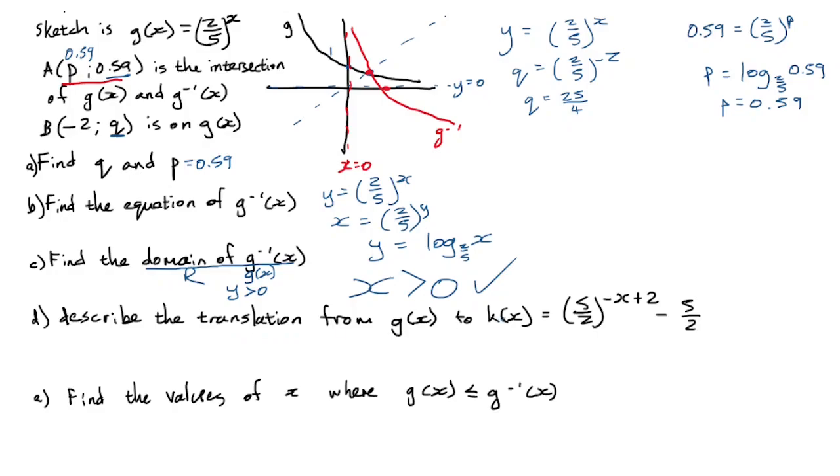Describe the translation from g to k if k(x) equals all of this mumbo jumbo. The main thing that you want to notice is that the original the whole time has been 2 over 5 everywhere, but now it's 5 over 2. That's the biggest trick they're saying. Did you notice that?